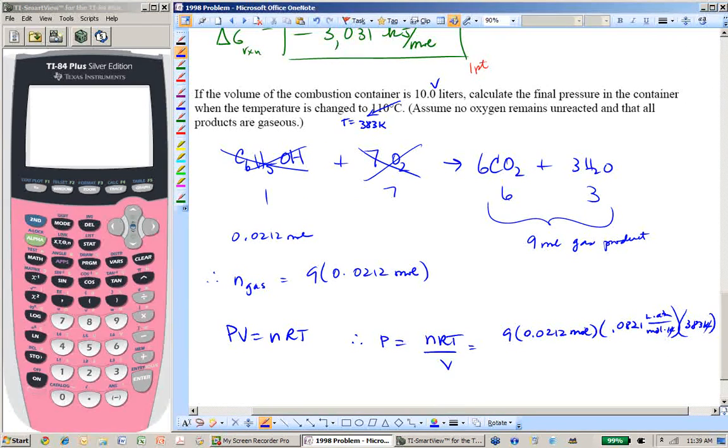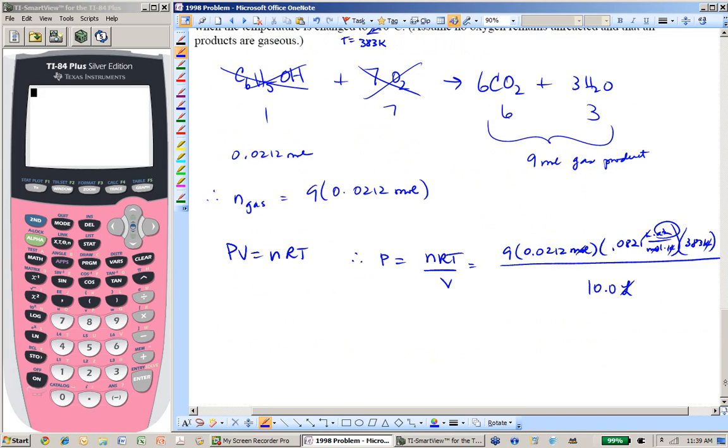Kelvins cancel, moles cancel. Once I put this atmosphere down here, what was the pressure? Oh, wait, that's what I'm looking for. Once I cancel out the liters, I'll get atmospheres. So volume was 10 liters. So that liter cancels that liter. I'll come out with an answer in atmospheres. It's worth going to the calculator now.